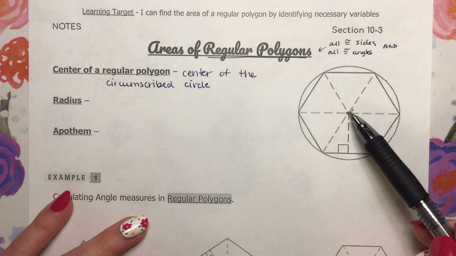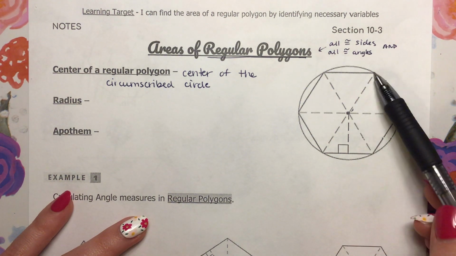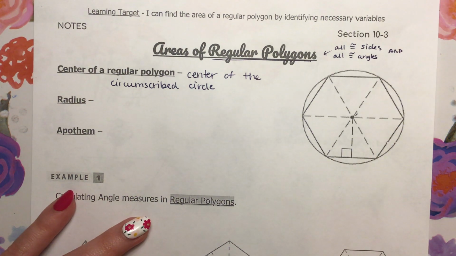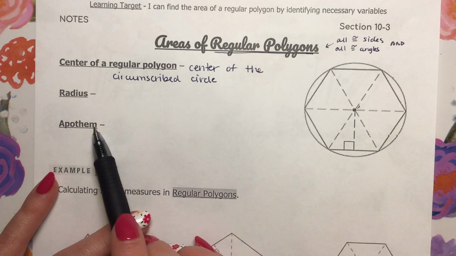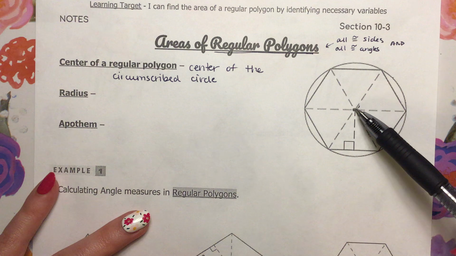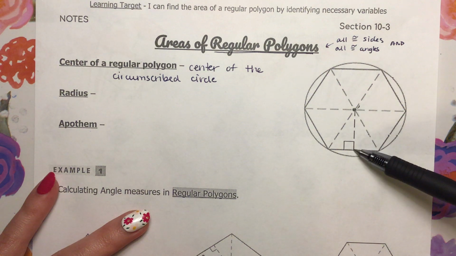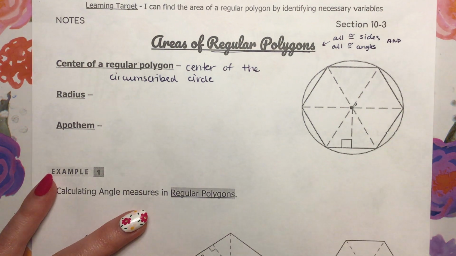So essentially it's just the very, very middle, and it's going to be equidistant from all the vertices of your shape. Now we have two different lines projecting from the center. A line's going to the vertex or the corners, and then lines going to the center of the side. Those are two different things.